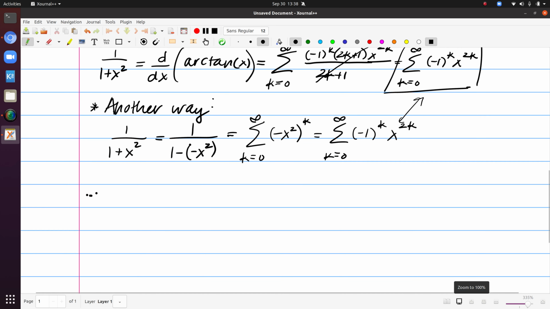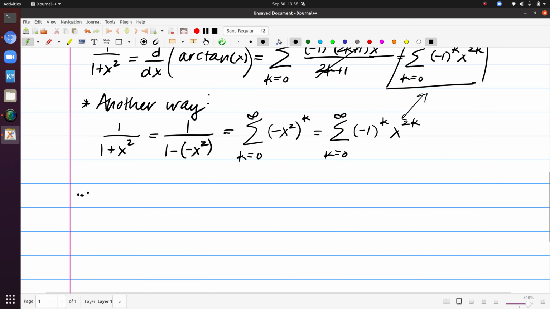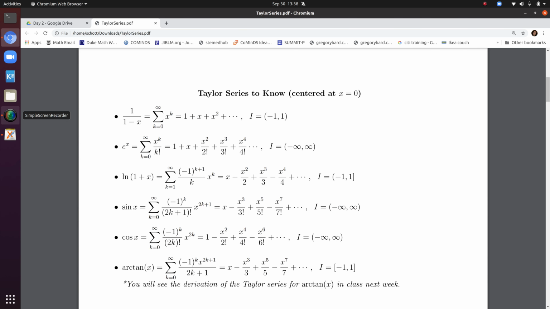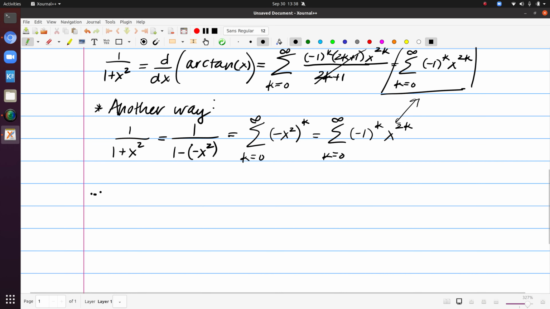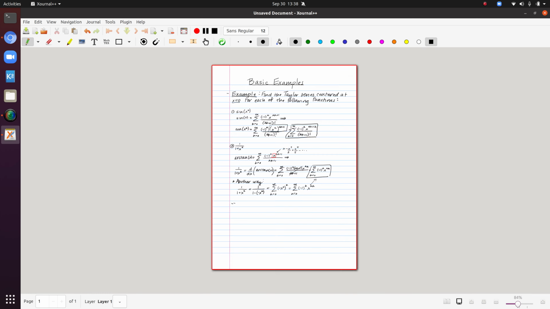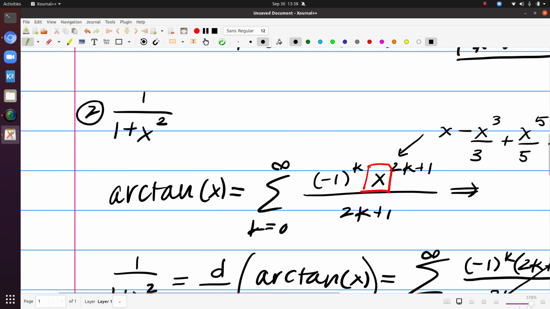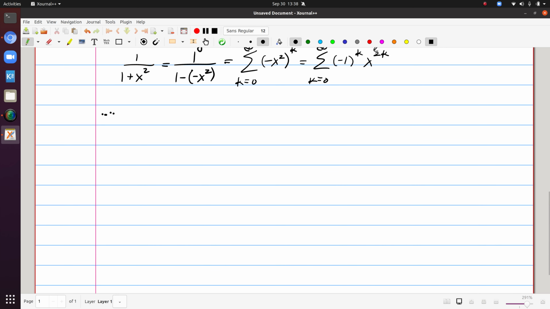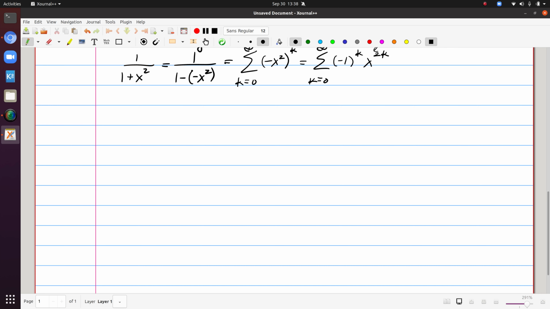So for another example, scroll down to, we can look at trying to find the Taylor series for the antiderivative of the natural log of 1 plus x.